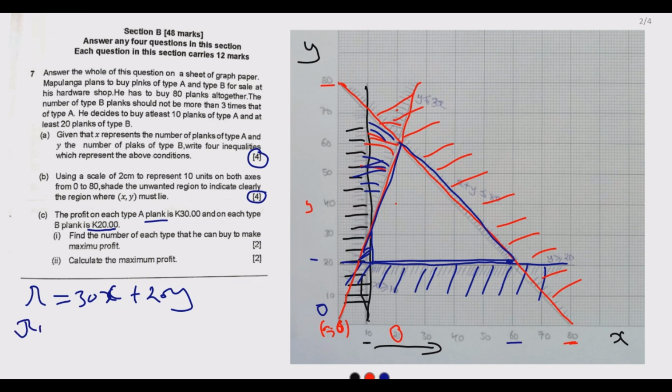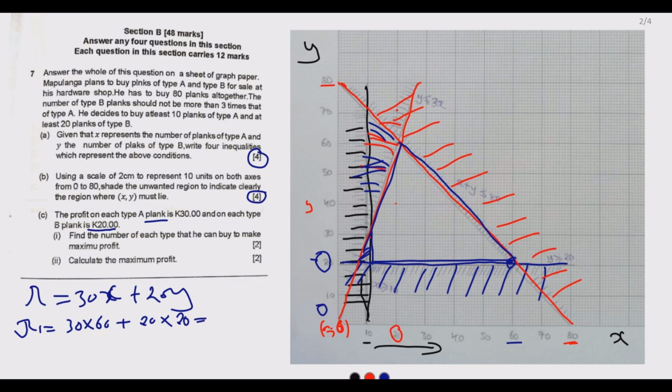The profit 1 will be basically 30 times x, where x is 60, plus 20 times the value of y, which at this point is 20.